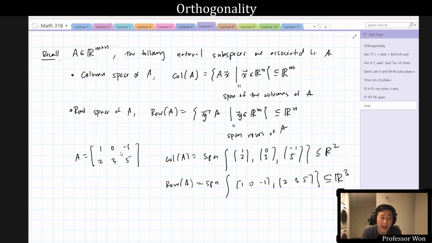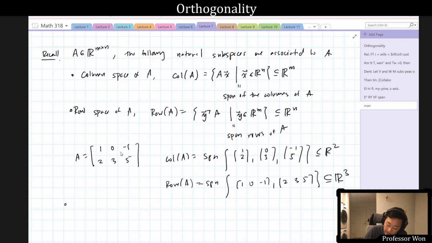In actual fact, they're what we would call dual vector spaces, but for finite dimensional vector spaces over R, over any field actually, the dual vector space is isomorphic. It's the same as the original vector space. So you can think of the row space as a subspace of R3, even though the vectors are row vectors, because changing the orientation of the columns doesn't change the vector space. It doesn't change how you add or scalar multiply vectors.